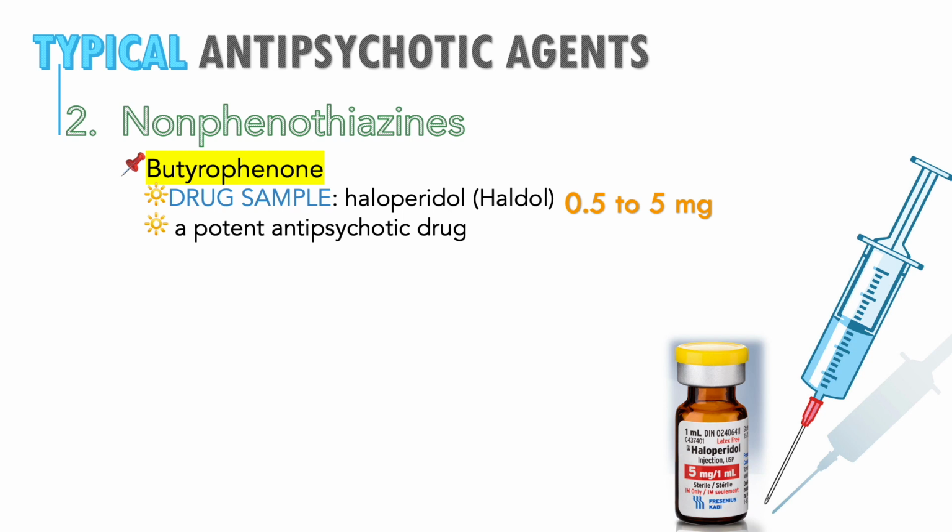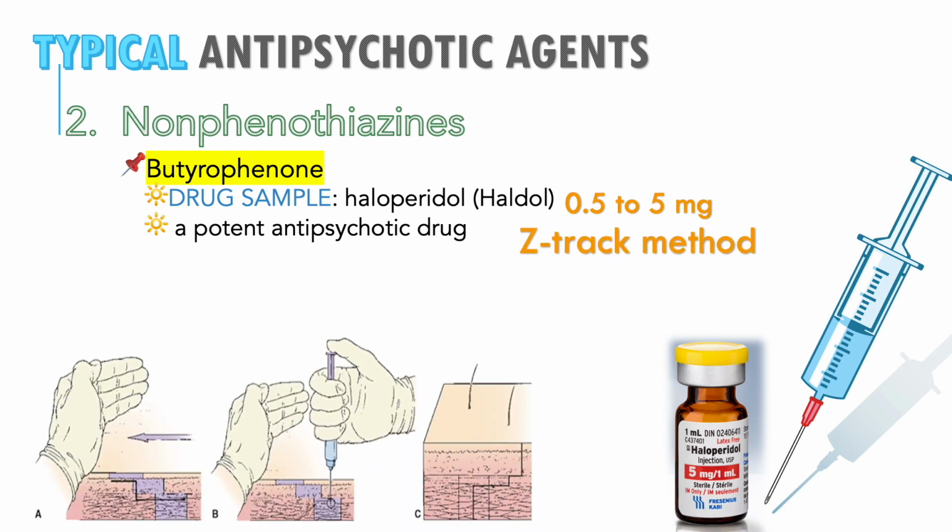Administration precautions should be taken to prevent soreness and inflammation at the injection site, that is, if the medication is administered intramuscularly. Because the medication is a viscous liquid, a large gauge needle such as gauge 21 should be used with a Z-track method for administration in a deep muscle.